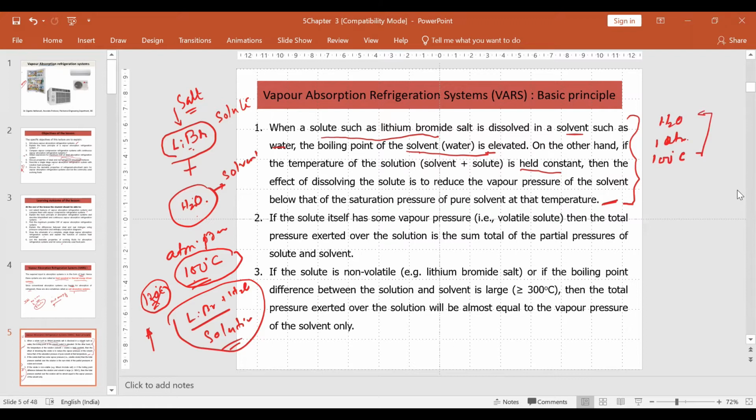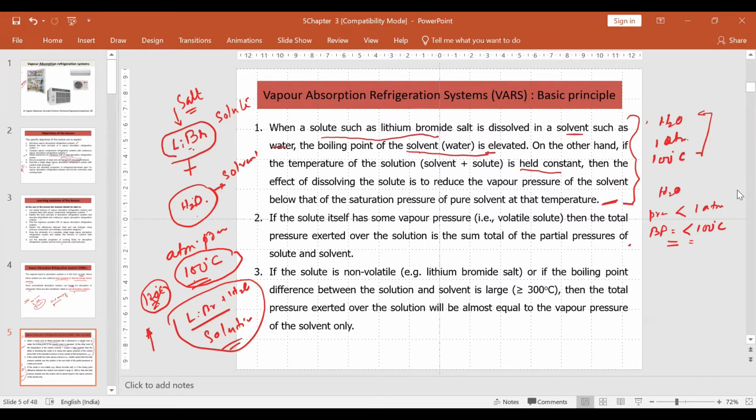If you go to a hilly area where the pressure is less than 1 atmospheric pressure, then the boiling point of water will be less than 100 degrees centigrade. At a sufficiently high altitude, where the pressure is far below atmospheric, the water may boil at maybe 30 degrees centigrade. So the boiling point reduces. This is the first concept.